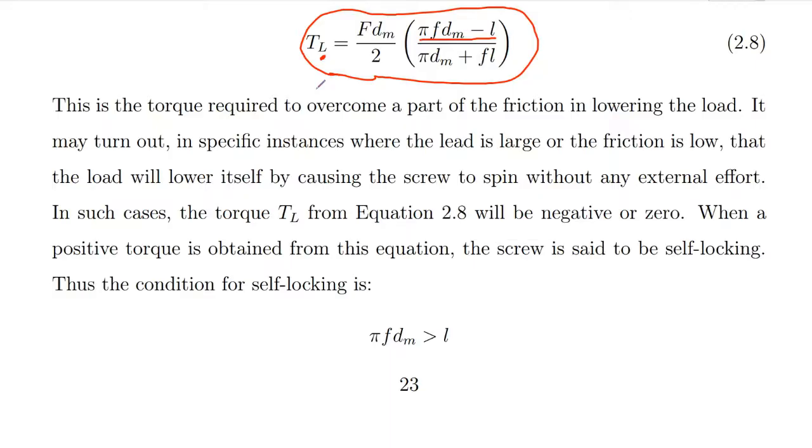The screw is self-locking, and in order to attain that condition, it means that this expression pi f dm should be greater than the lead. Okay, then when it's greater than the lead, we are sure to achieve a self-locking condition.